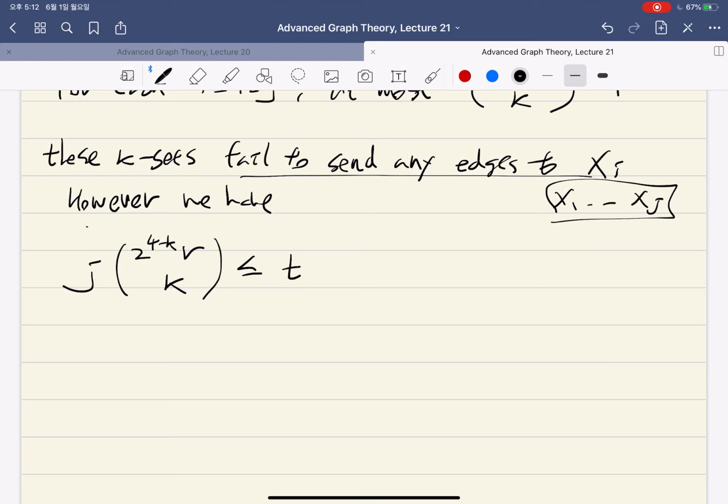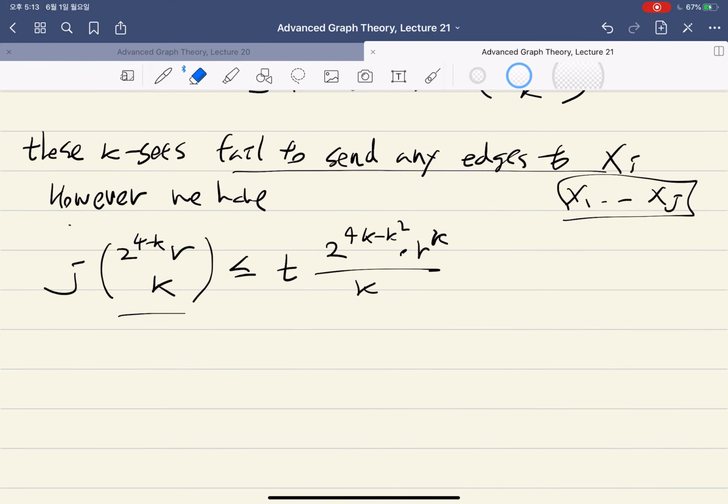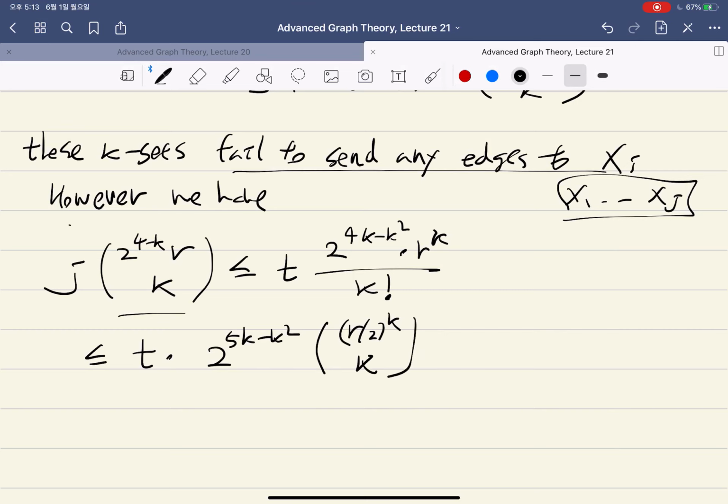And as j is at most t, this part you can actually compute, you can find this upper bound easily, and this is at most t times 2 to the 5k minus k square over r over 2 to the k, choose k.